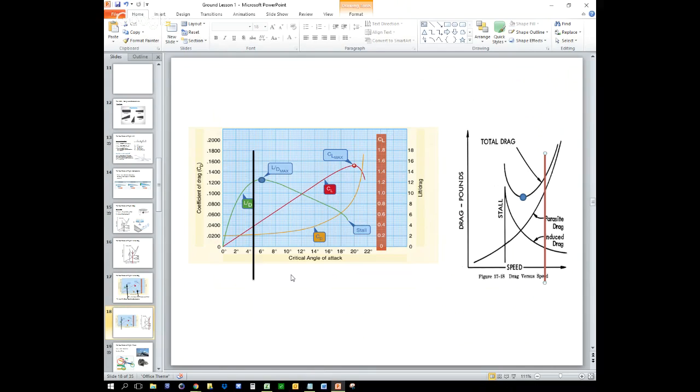Now, the point I was trying to make earlier, as far as the importance of some of these relationships and points on the curve: if you have an engine failure, and say you have to glide the airplane back to the closest airport, you're going to want to find an airspeed and an angle of attack configuration where your lift is at its highest, your drag is at its lowest.